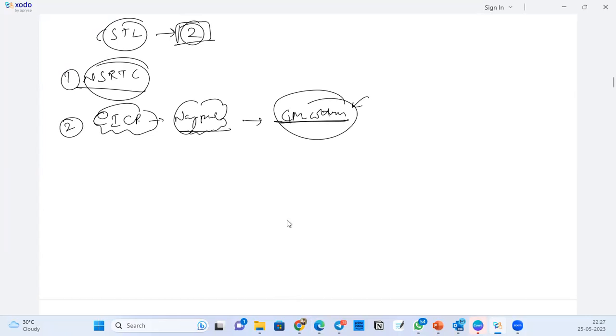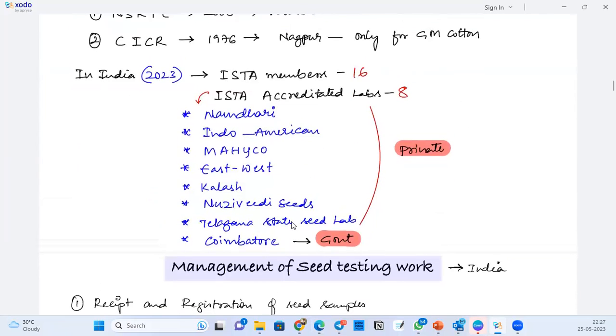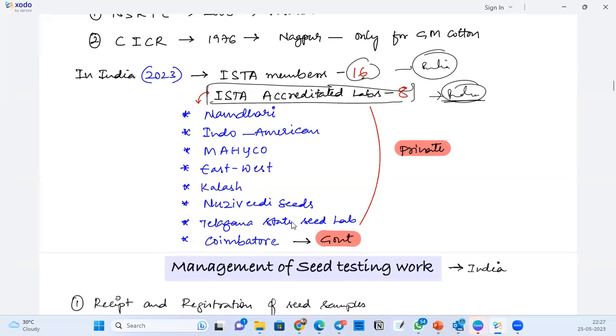Coming back to ISTA, there are a total of 16 member laboratories in India, and other than these members, there are a total of 8 ISTA accredited labs. These 8 labs have the power to provide the seed lot and seed sample certificate. So where are these 8 laboratories located?